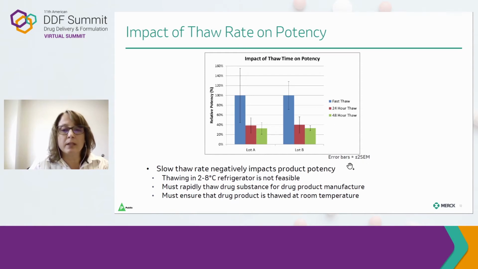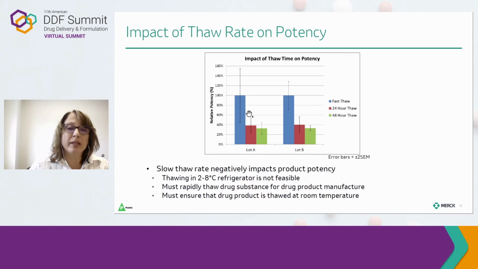Just to orient you, it's an activity assay. The error bars can be large because that's plus or minus 2 standard error of the mean of the replicates of the potency assay. It just gives you an idea of the variability you're working with, as you always struggle with infectivity assays. But we did see this consistently, about a 60% loss.